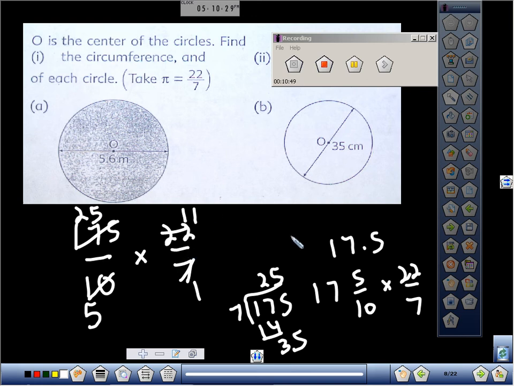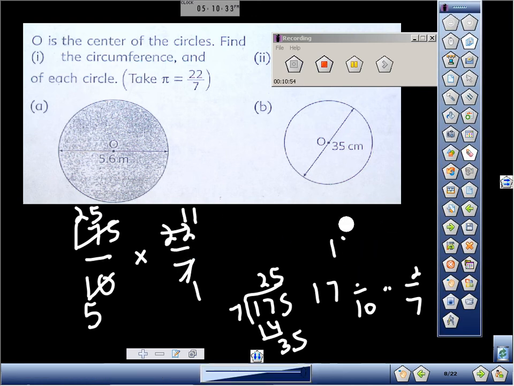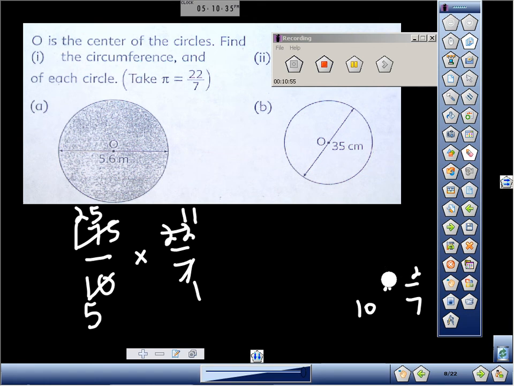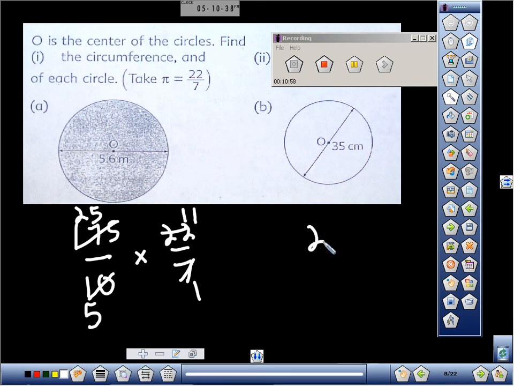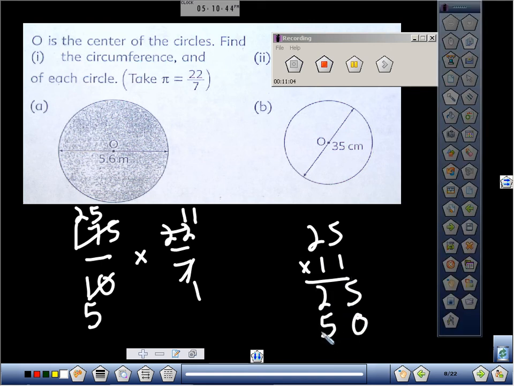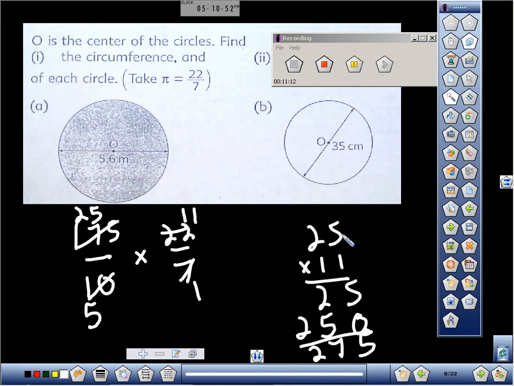Now we got 25 times 11. Clear some space for myself. We got 25 times 11. It's 275 over 5, because 5 times 1 is 5.